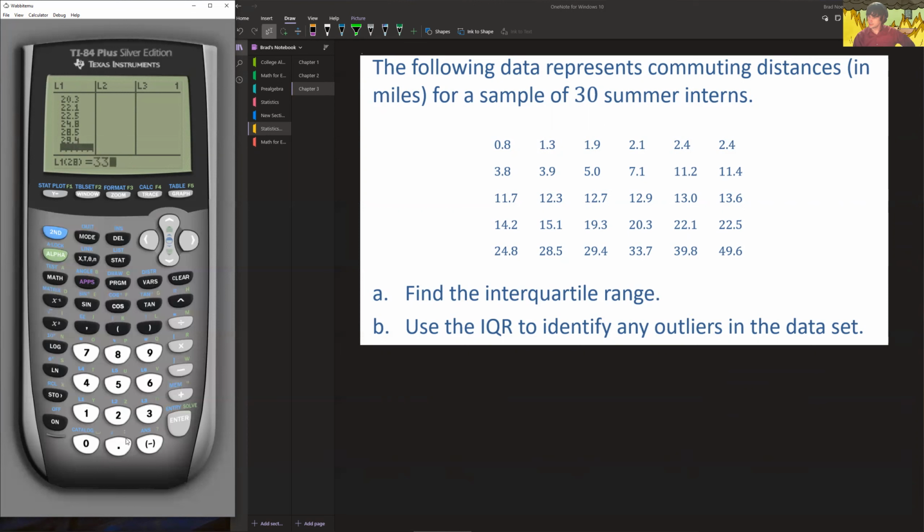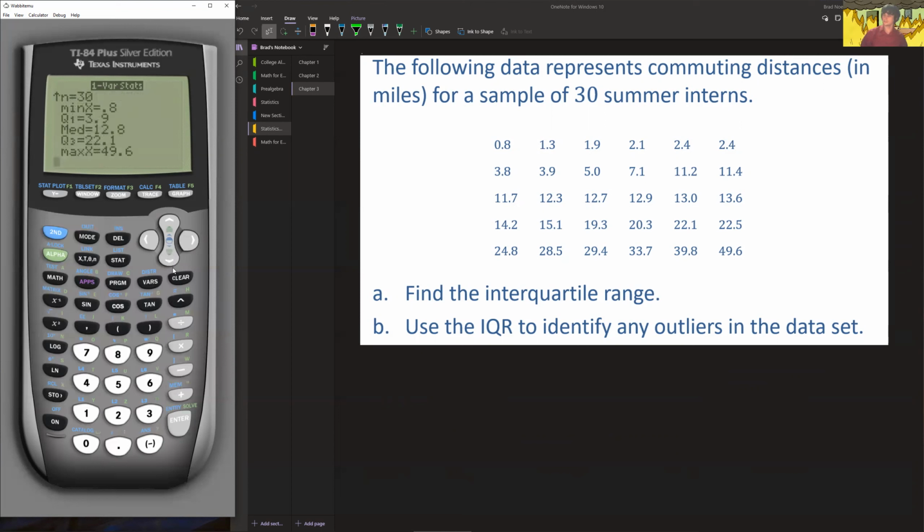The end is in sight, 33.7, 39.8, and the coup de grace, 49.6. Whew. So now I'm going to go ahead and do my one variable stats, calculate.